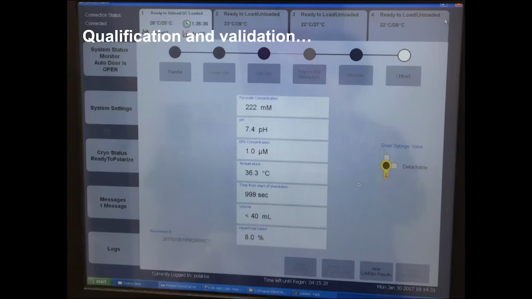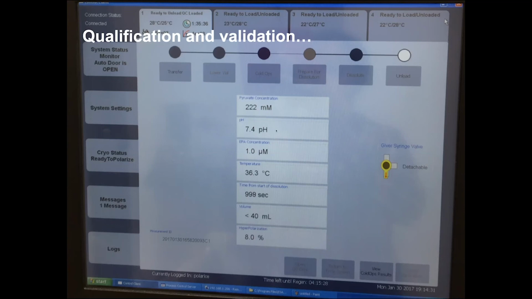Then you've got everything set up. You then read the small print on the paperwork that you're given from GE, which basically says you can't use this in humans, which is great, which essentially means that everything that you now do and you rely on in terms of safety, which is determined by your quality control module, which rapidly reads out all these readings, needs to be validated and qualified.